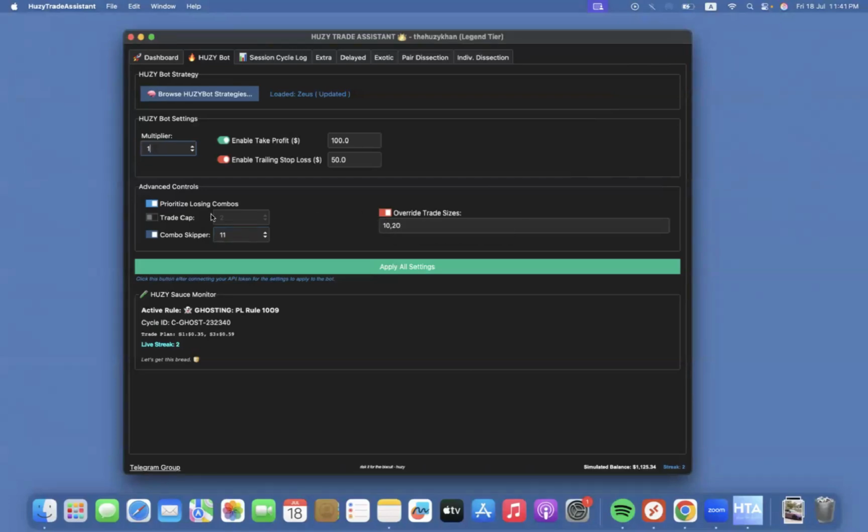But of course, if the combo skipper still goes up, that means your probability chances have increased even more. So with capital, of course, you can just put it at 2 or 1.5 or 1.3 or whatever you like, according to yourself. I cannot specify anything over here.